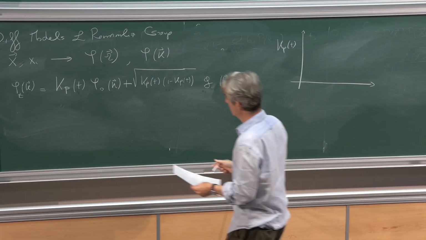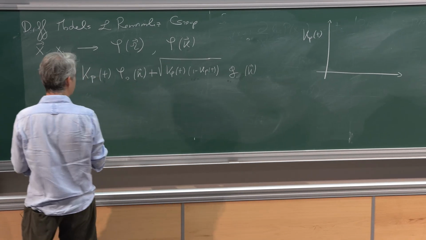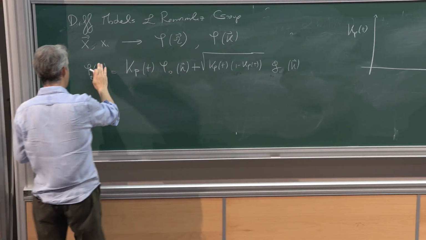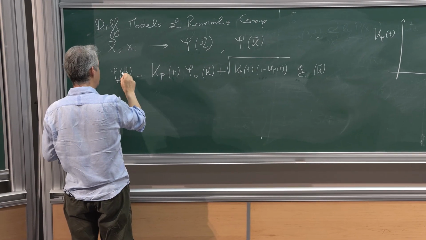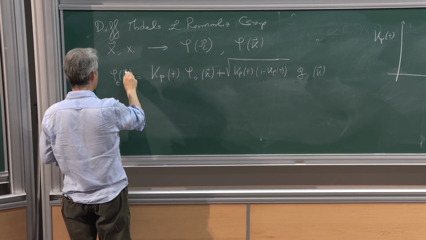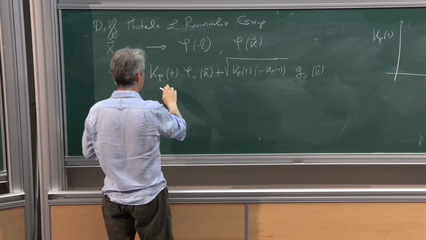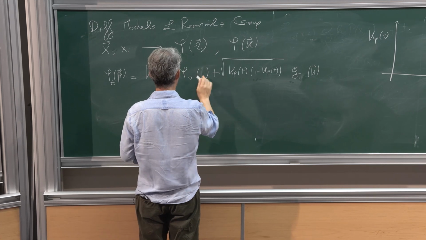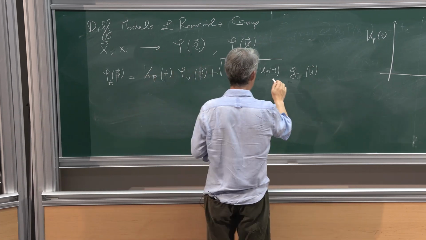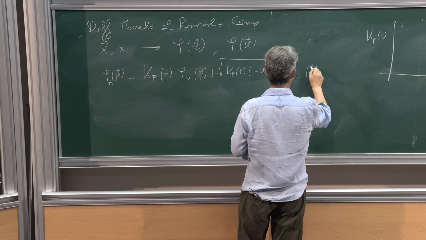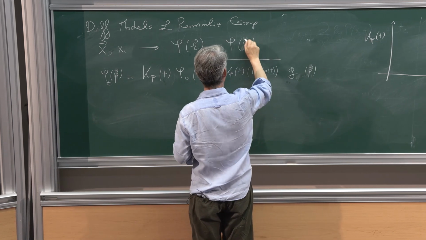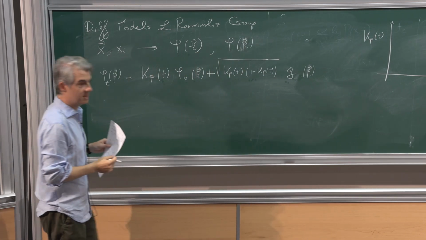I see now my problem with notation with p and k. I wanted to use p because I have a big K here, and p is the Fourier component.